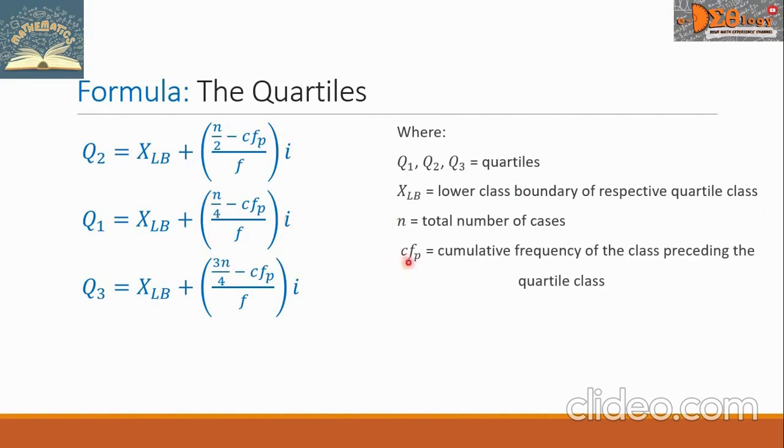CF sub P is the cumulative frequency of the class preceding the quartile class. The F is the frequency of the quartile class, and I represents the class width.